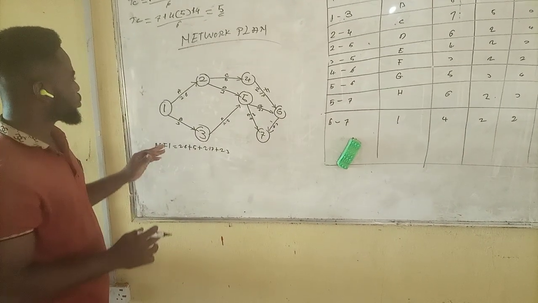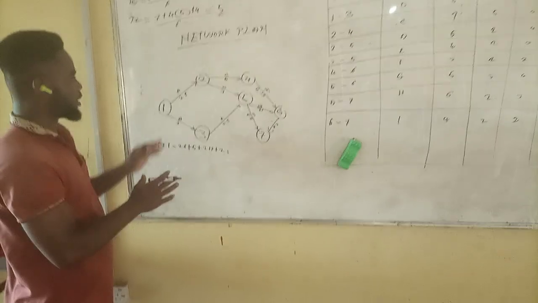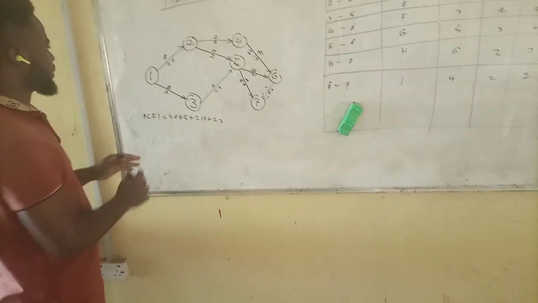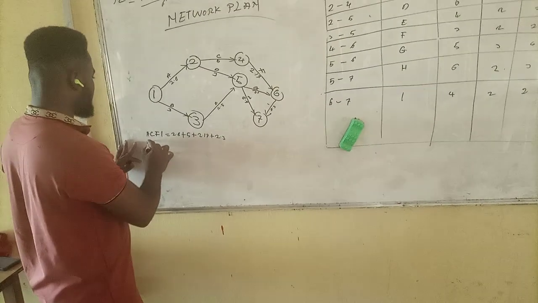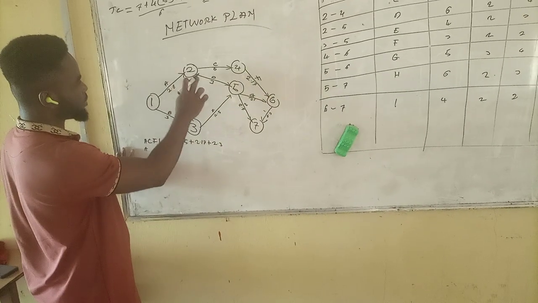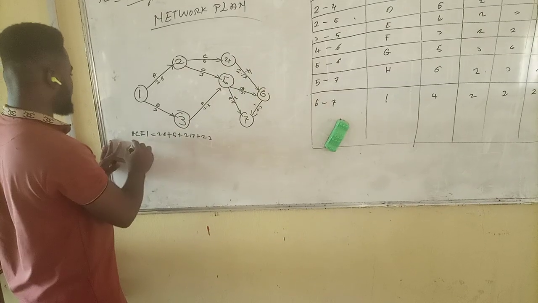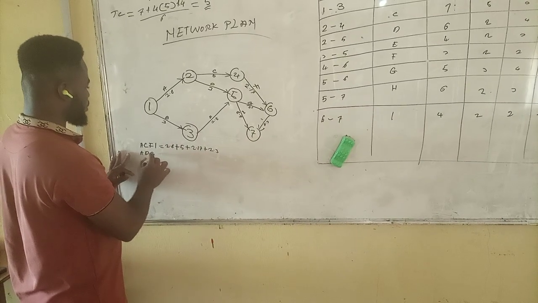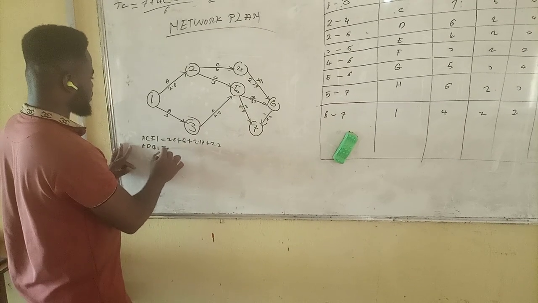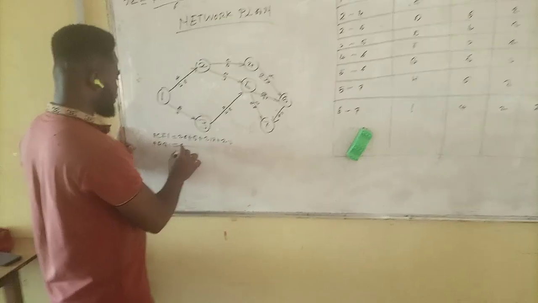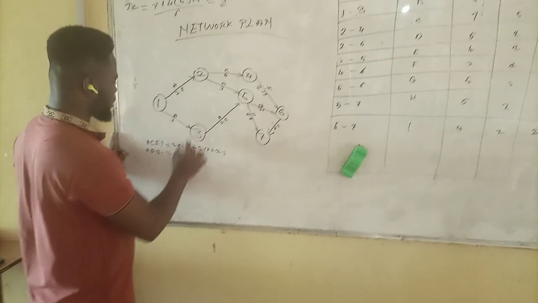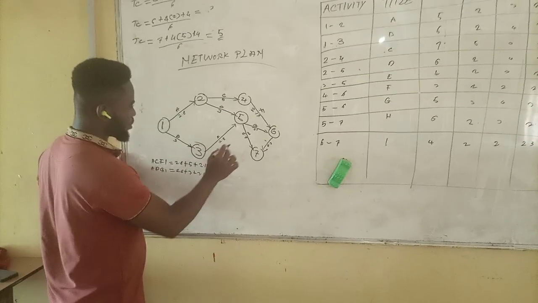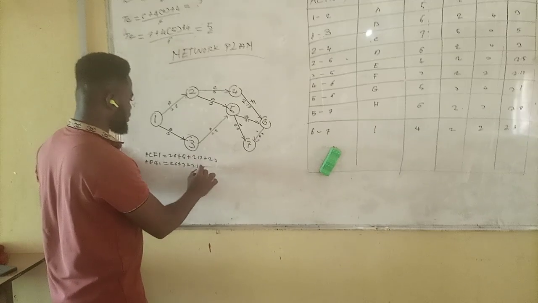So now we'll go to another route to know if that is the most critical path. So we'll go by title A, title B, G, and I: 2.6 plus 3 plus 3.1 plus 2.3.